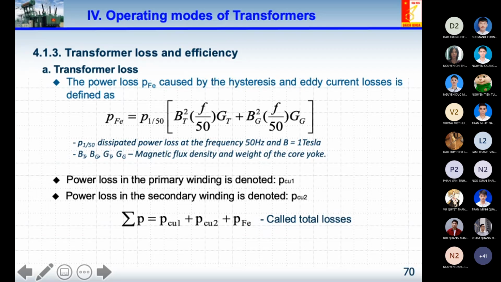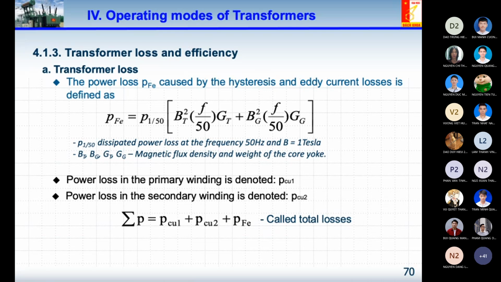You should remember this concept. Of course, you can see BT, BG, and GT and GG are respectively the magnetic flux density and weight of the core yoke of the transformer.